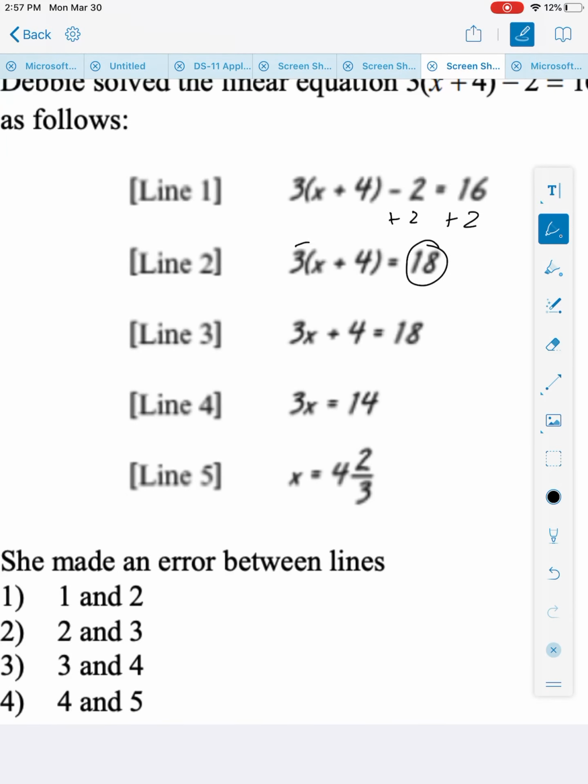And then in line 2, she should have distributed 3 to the x and 3 to the 4, giving us 3x plus 12 to equal 18. Now there is our mistake. So where did she make her error? Between lines 2 and 3.